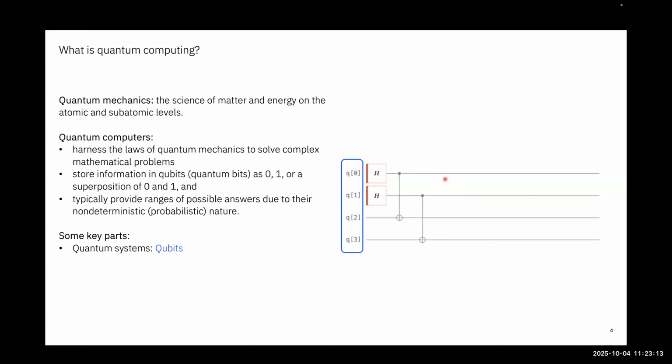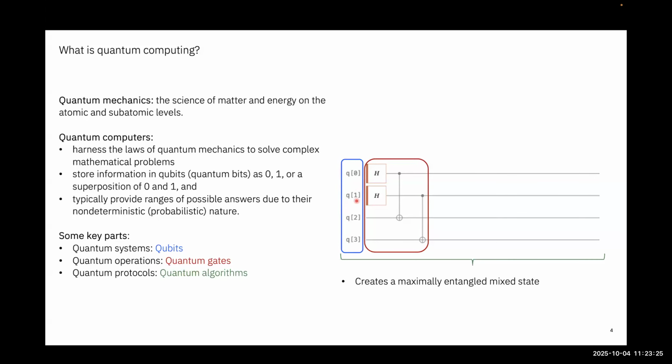This quantum circuit has 4 qubits. Then we have quantum gates, which are the quantum operations that we use to manipulate our qubits. All of them come together to perform some specific task, which we can call a quantum algorithm.